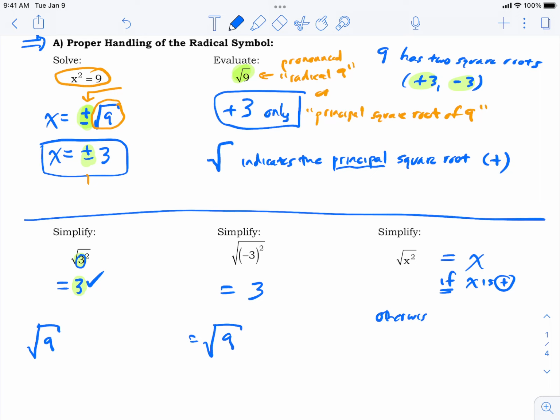Otherwise, let's say that x was a negative number. When x was -3, we squared it, we took the square root, we ended up with +3. The thing is, you always end up with a positive answer. You have to, because this symbol means principal or positive root.